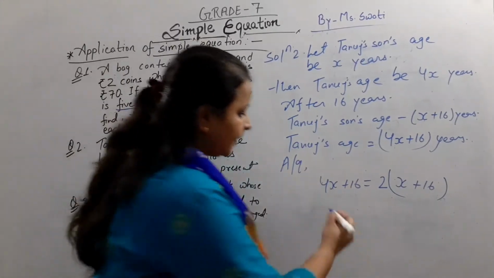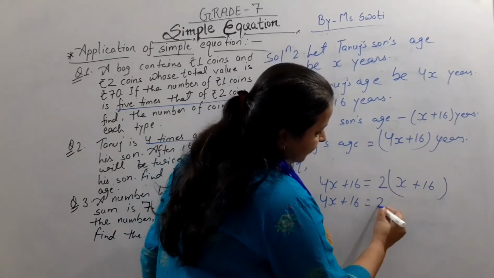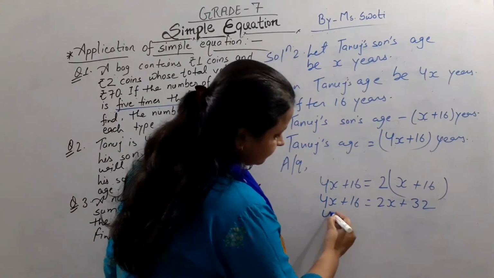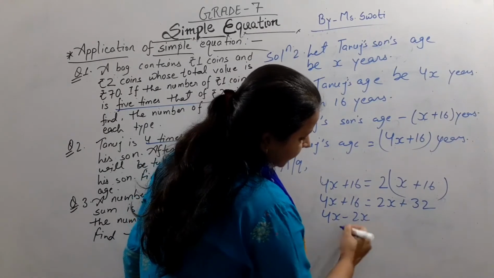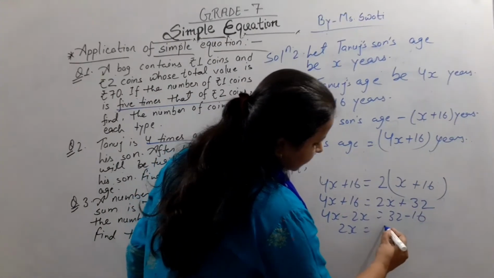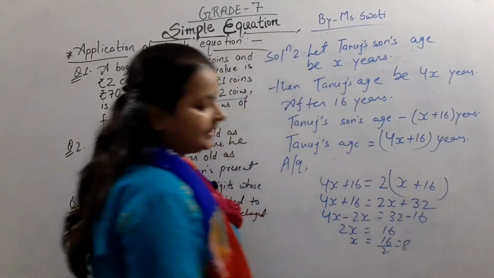So, now we solve the question. 4x plus 16 is equal to 2 into x plus 16, that is 2x plus 32. 4x minus 2x is equal to 32 minus 16. 2x is equal to 16. x is equal to 16 by 2, that is 8 years.